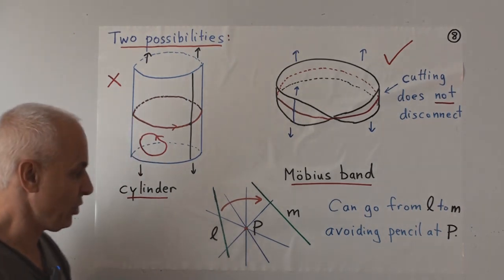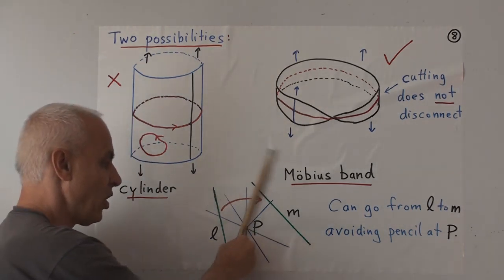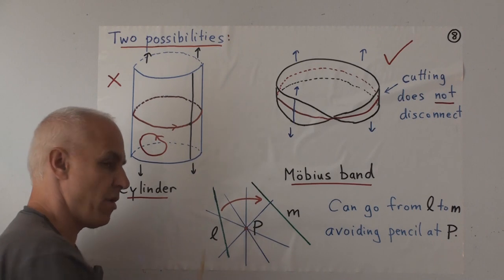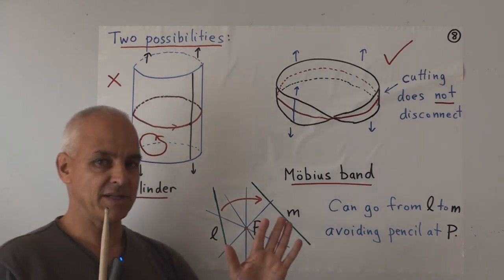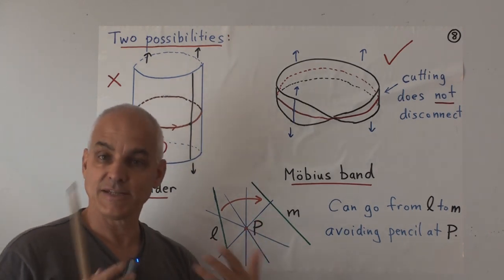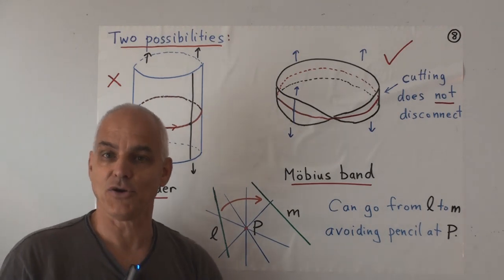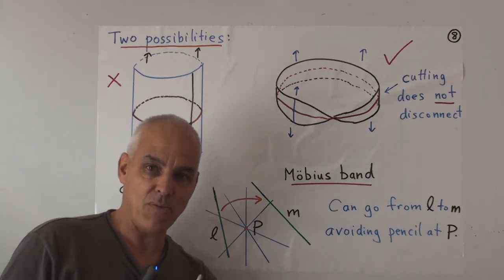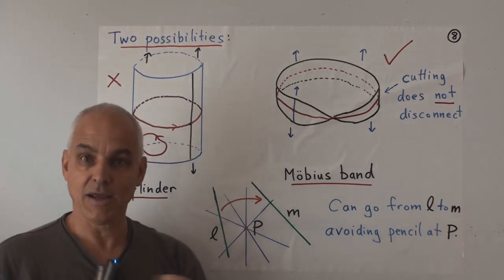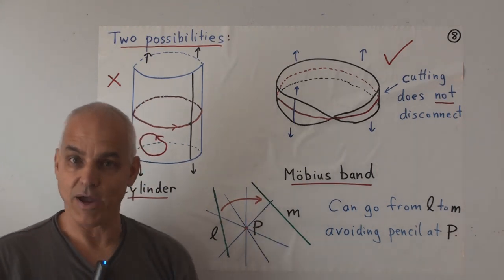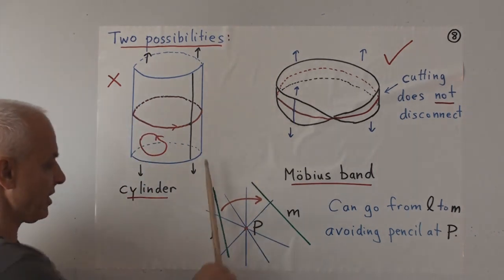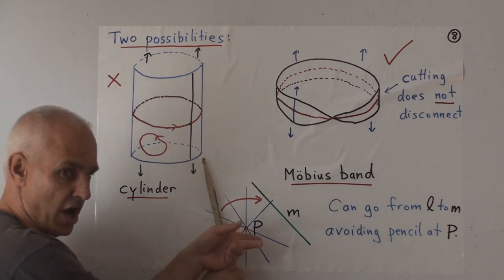In other words, we exclude the pencil of lines through the point P. We remove them from consideration and ask, the stuff that remains, is it connected or not? Can we go from any one line to any other line in a continuous way? So for example, here's an arbitrary line L, which is not in the pencil.